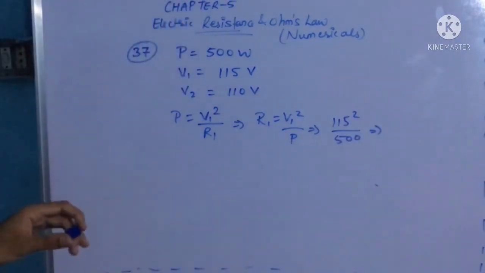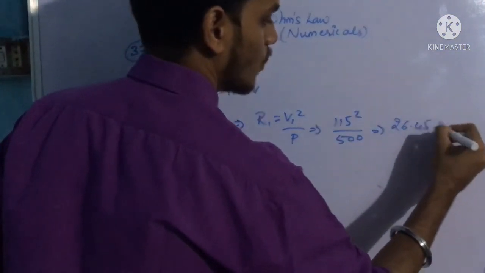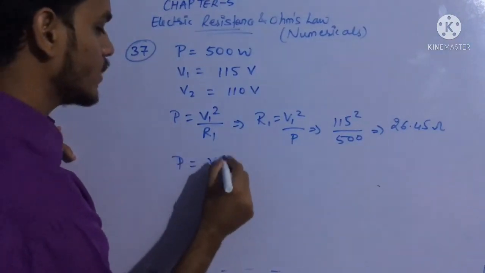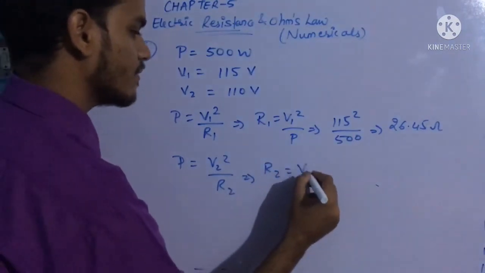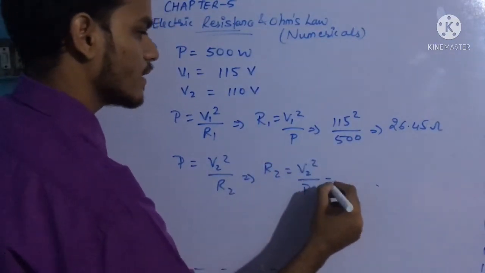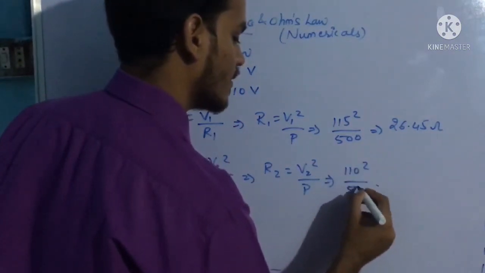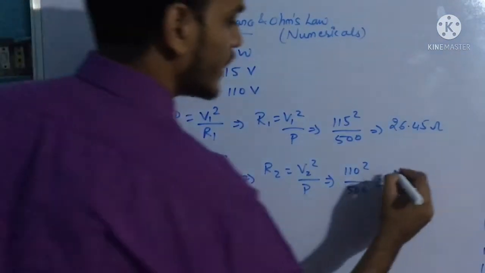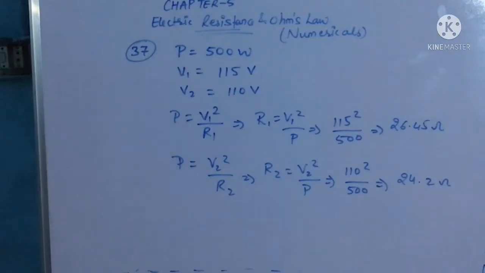On solving, we get R1 equals 26.45 ohm. Now for the other case, R2 equals V2 square upon P, which is 110 square upon 500, equal to 24.2 ohm. We get the two resistances R1 and R2.